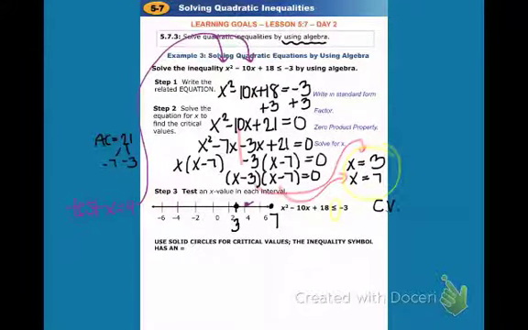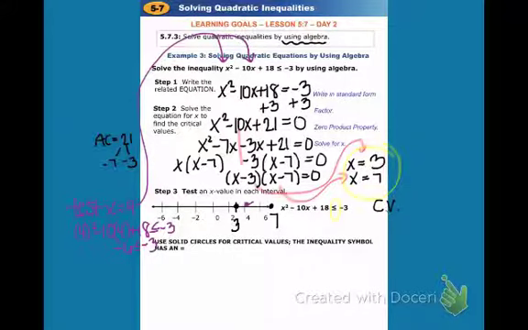If it doesn't make it correct, then I'm going to have to shade outside, and then I know it's two separate regions and it's a disjunction. So I'm going to plug 4 in and see what I get. 4 squared minus 10 times 4 plus 18. And I want to know, is it less than or equal to negative 3?